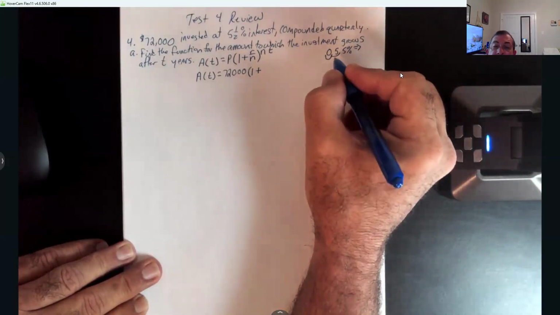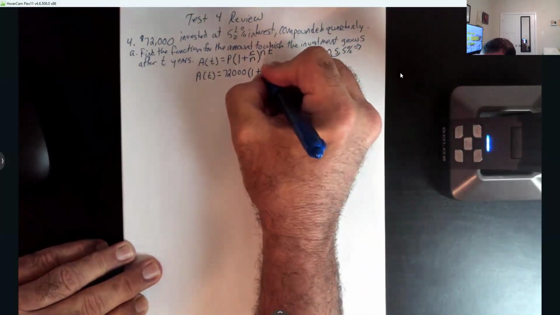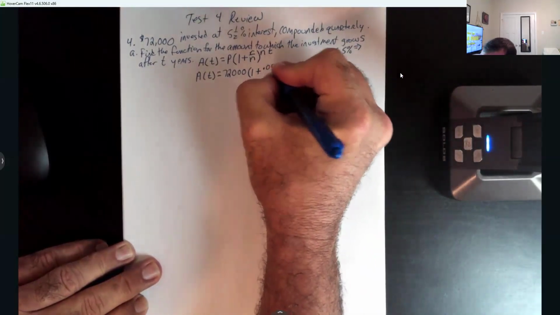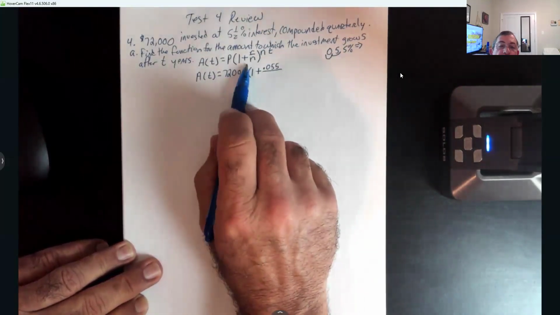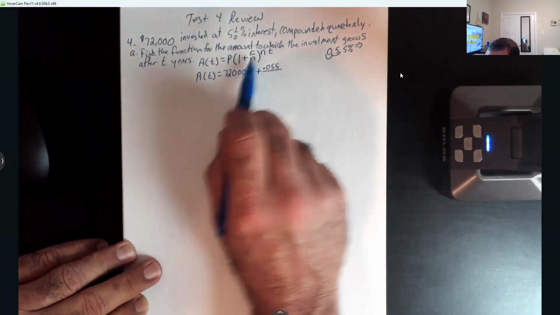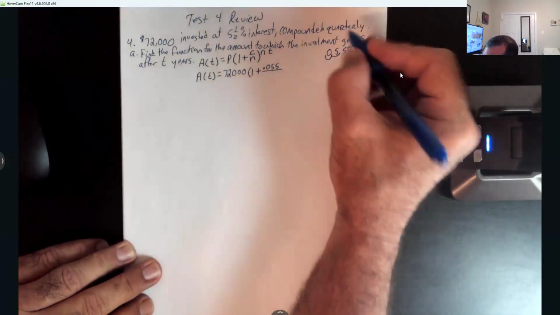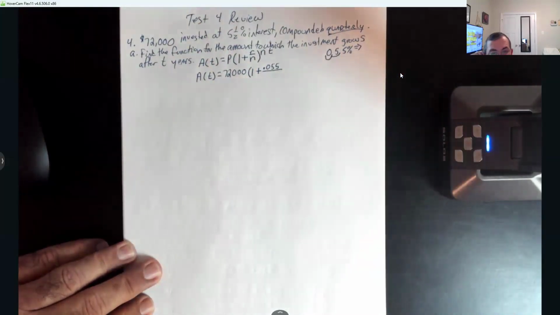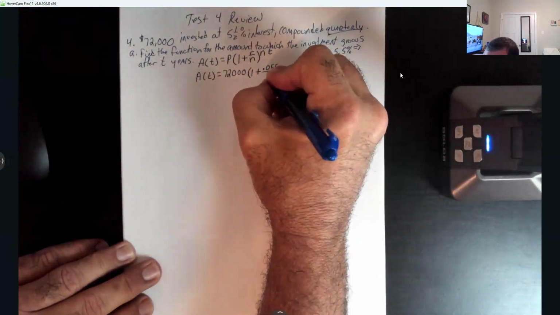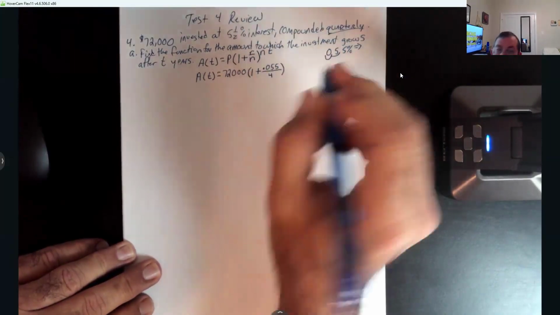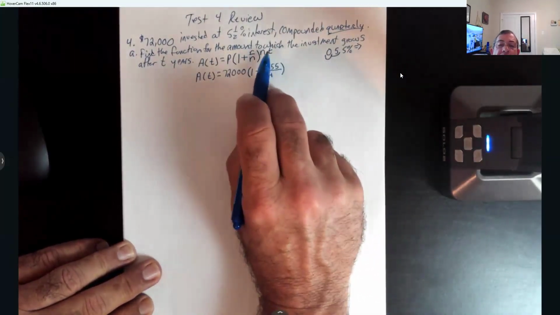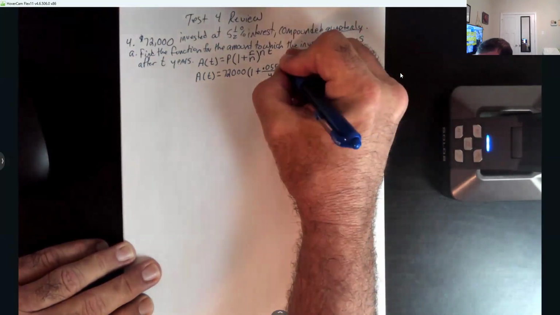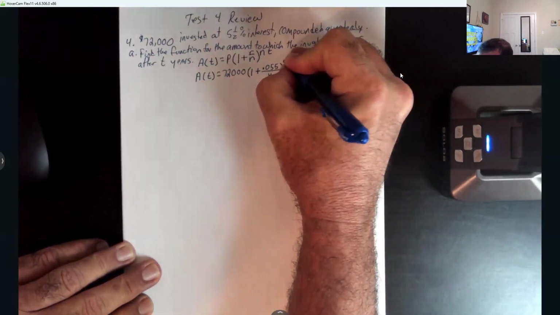So I'm going to have to add a 0. So that's going to be 0.055 all over N, the number of compounds. So they said quarterly. So remember, if you divide stuff into quarters, you're dividing it into 4. And then N times T would be 4 times T.